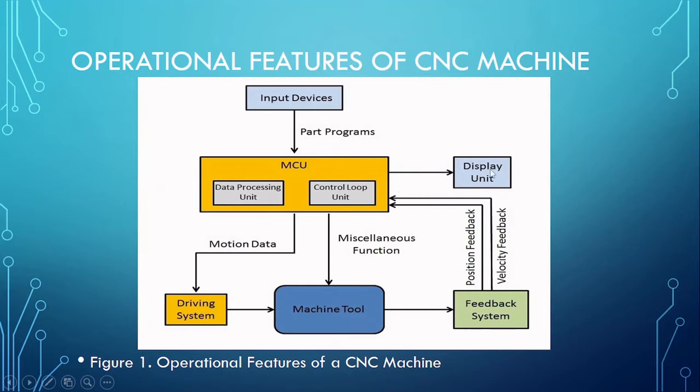And also there's always a display unit, so that the operations going on in the machine, in terms of what line of the part program is being executed by the CNC machine, is displayed on the display unit.